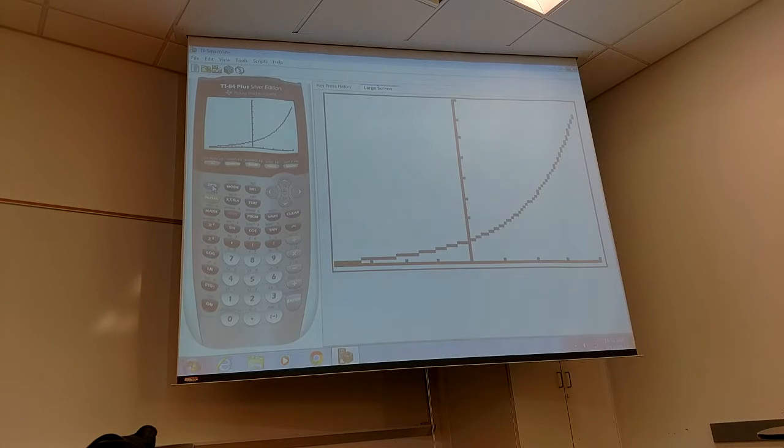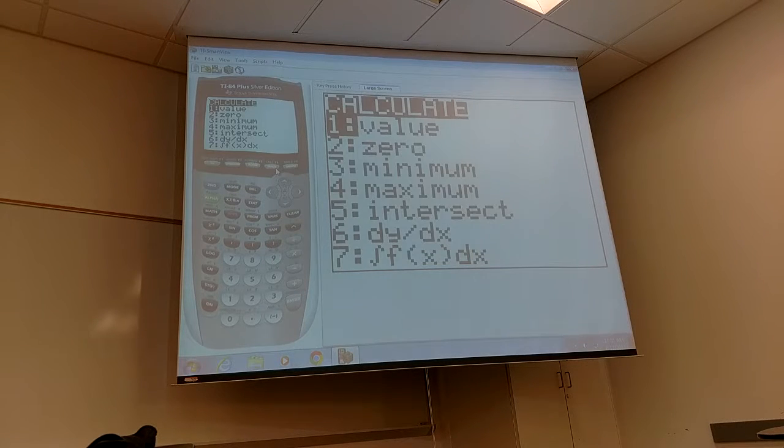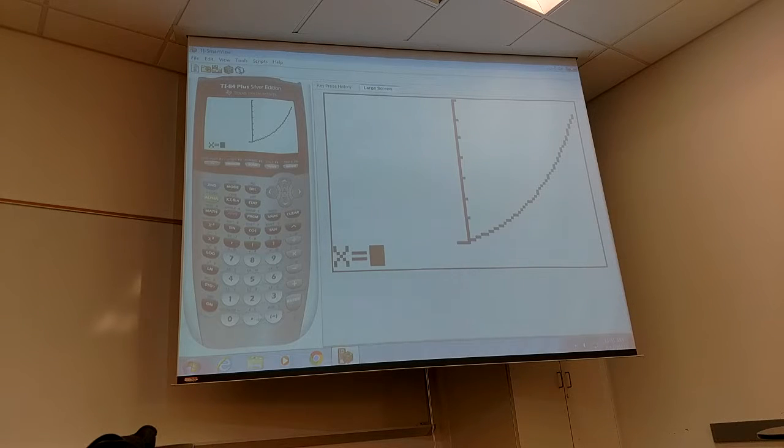Stored? No. You do second and then calc. Second trace to get to calc and then value. And then you can just put in there 2.716. What if x is 2.716? And of course that's the most basic thing the calculator can do, is just chomp numbers out, right? So you just put that in and it tells you what the output is, 3.88. Kinda nice.